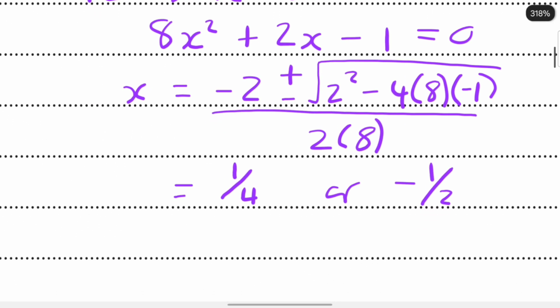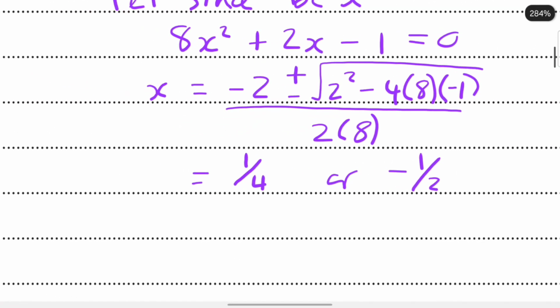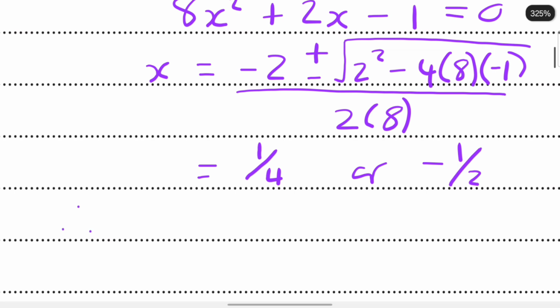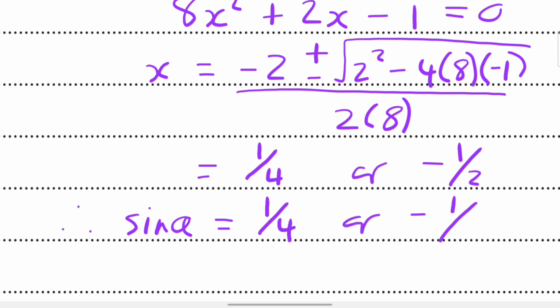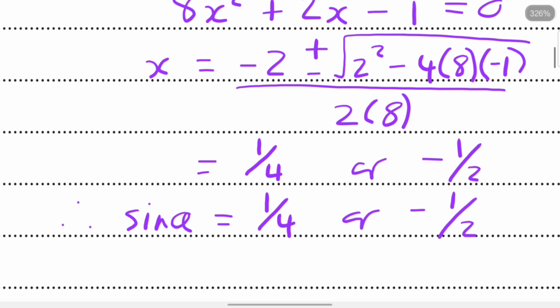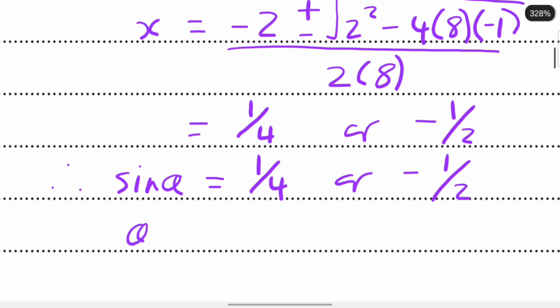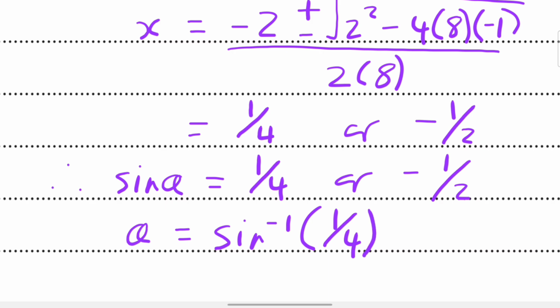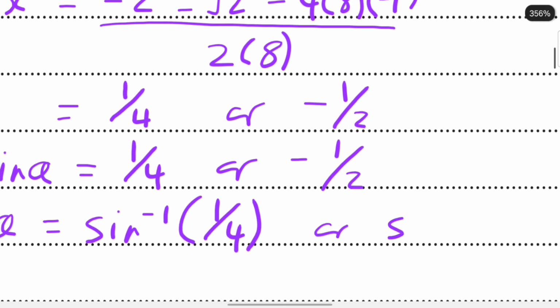But we know that x is standing in for sine theta, so we say therefore sine theta is equals to a quarter or minus a half, right? And for us to get theta, we then say theta is the sine inverse of 1 over 4, or the sine inverse of minus half, right?